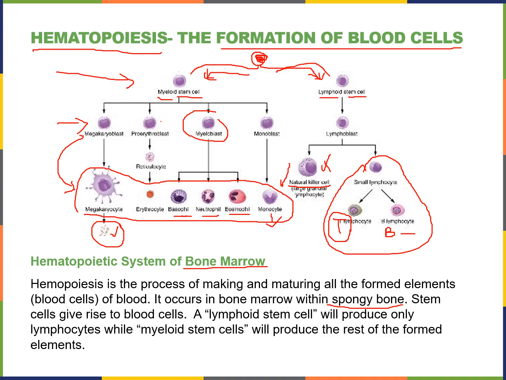So this slide is on hematopoiesis. So understand that it's the process of making and maturing. So all these cells at the very end of the process are what we call the effector cells. They all have a unique and specific job to do.